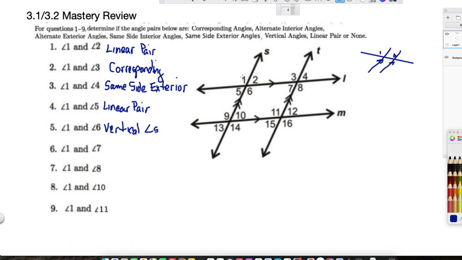1 and 7. So we have two parallel lines and a transversal. 1 and 7, well, you could make an argument that they're supplementary, but there is no angle pair here. 1 and 8, however, alternate sides of the transversal, exterior of the parallel lines. 1 and 10, this is also none.